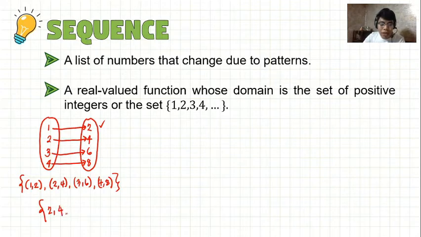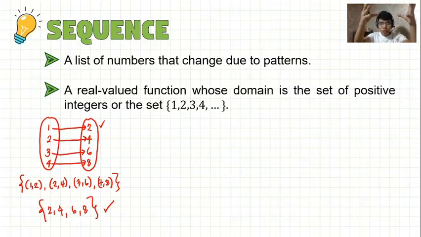The third term is 6, and the fourth term is 8. So indeed, this is a sequence. We have written a function in sequence form, and that's why a sequence is a special type of function.